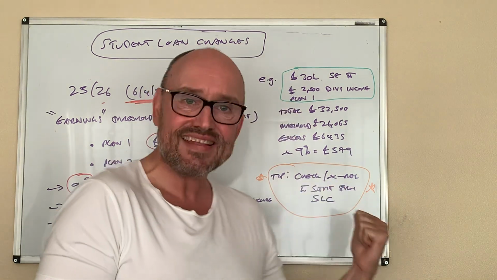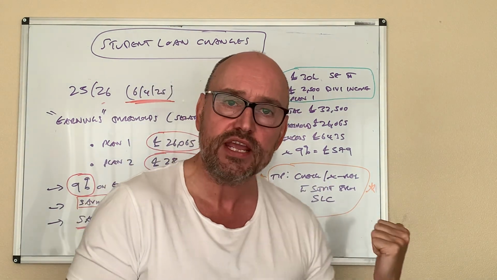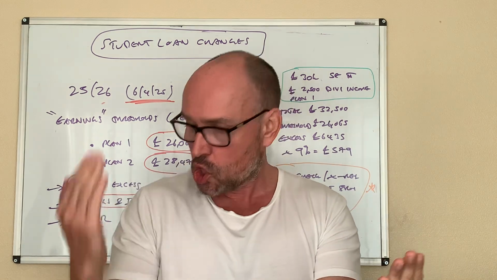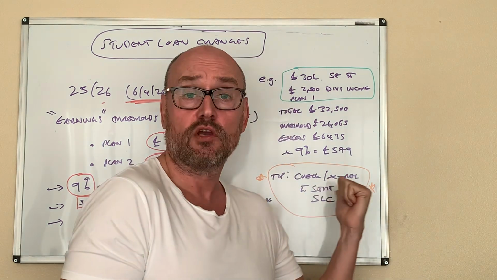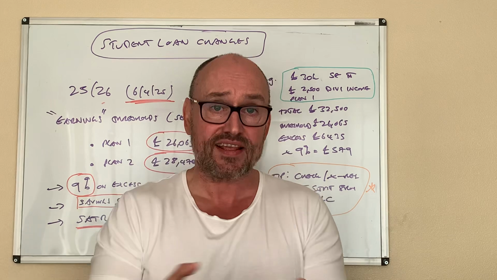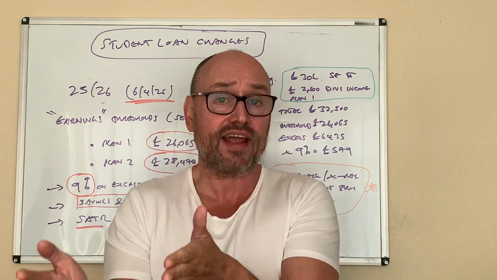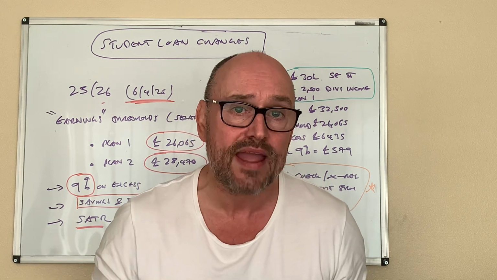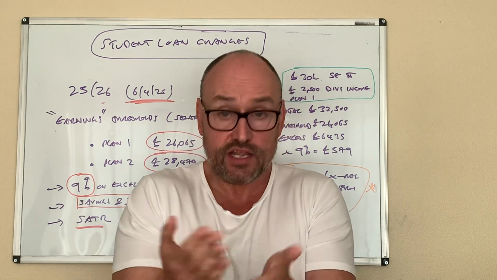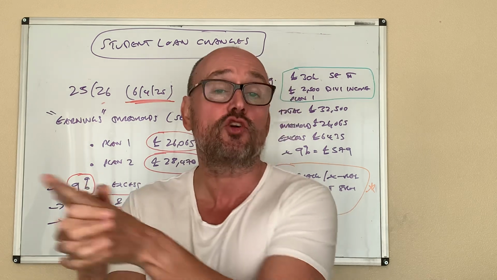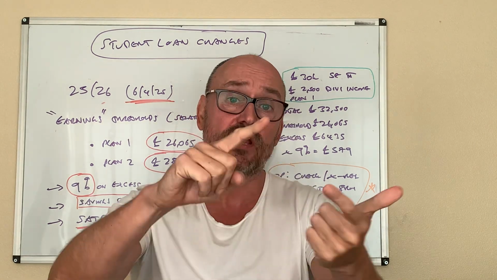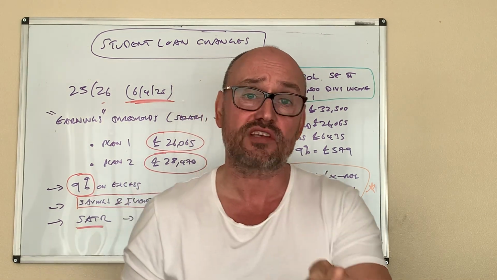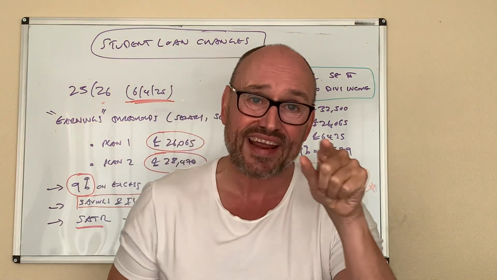That's why you need to get the statement every year from the student loan company and cross-reference it. It's a bit like a bank account, debits and credits, and it'll have a column that says you have been credited with this payment from HMRC, and that should tally to your records, whatever's on your tax return and your P60. But for heaven's sake, do yourself a favour, do that cross-check every single year.